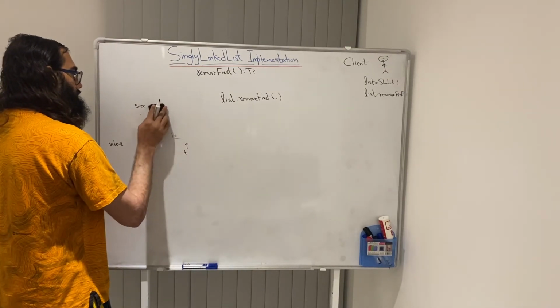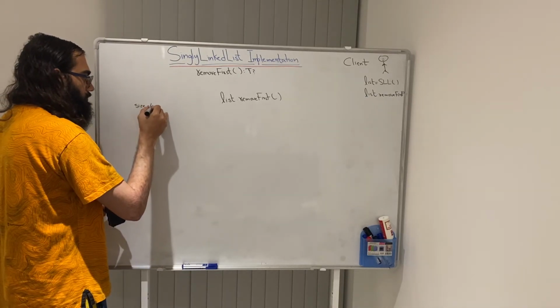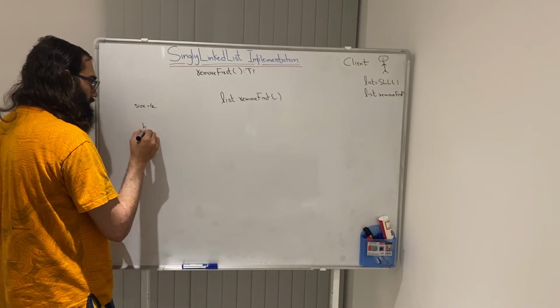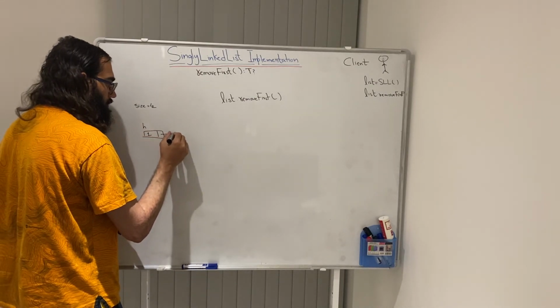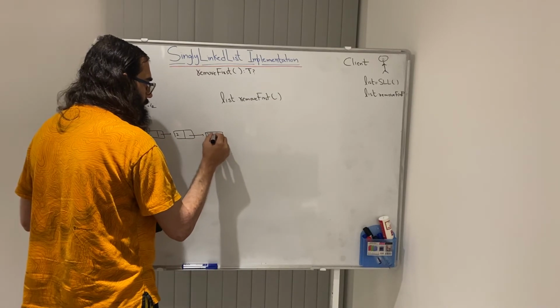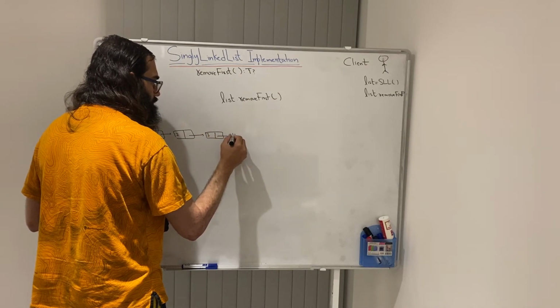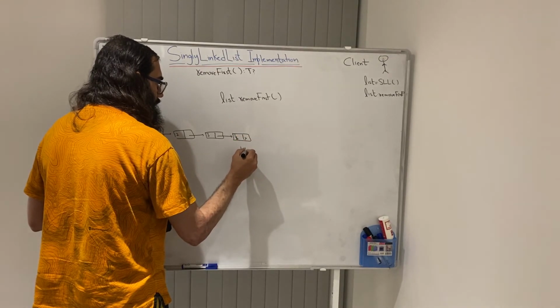Then the last case in which we can execute, maybe we have 4 values, so that will be enough. So this is our last case. There is no need to execute more than this. 1, 2, 3 and 4, and this is our tail.